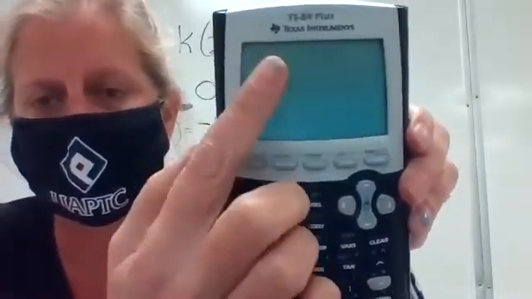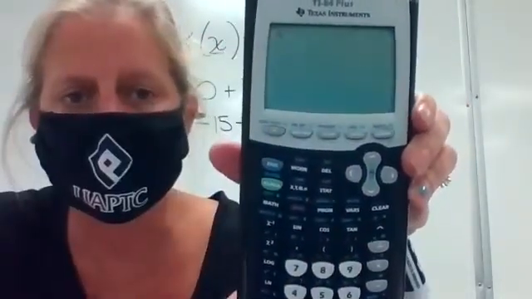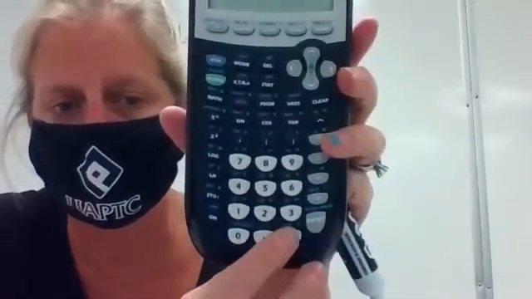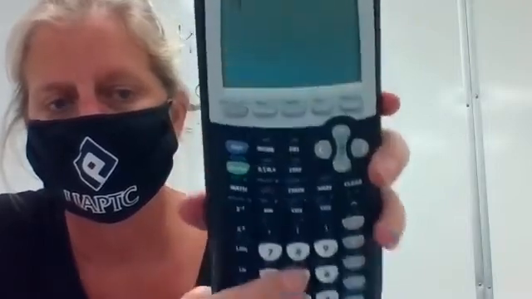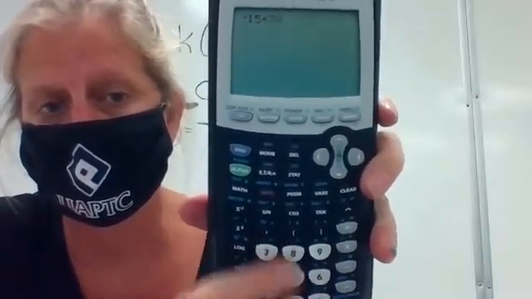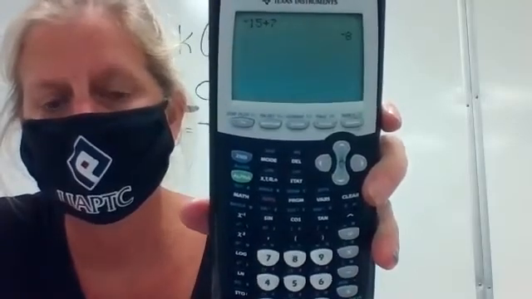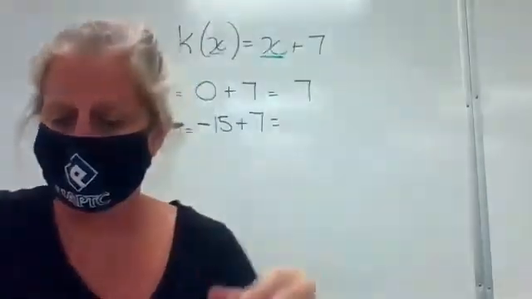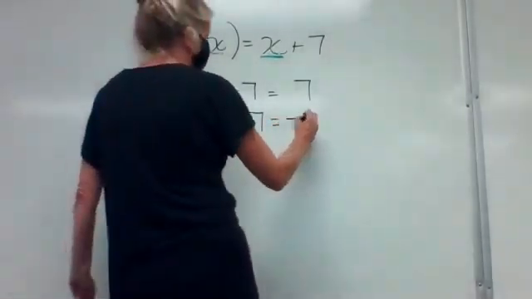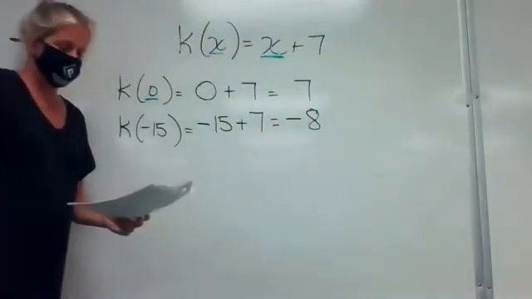That always gets you back to the home screen. Remember, here's your negative button. So just type it in, negative 15 plus 7. If you're not good with adding and subtracting with positives and negatives, punch that in: negative 8.